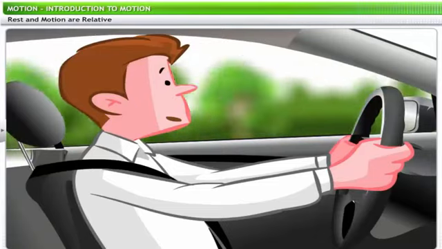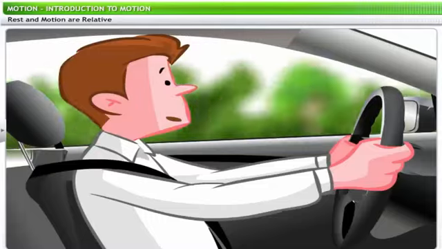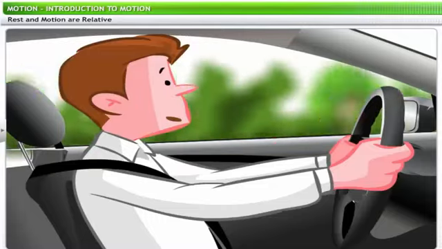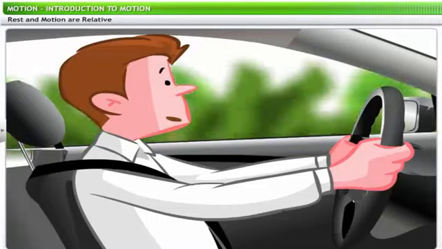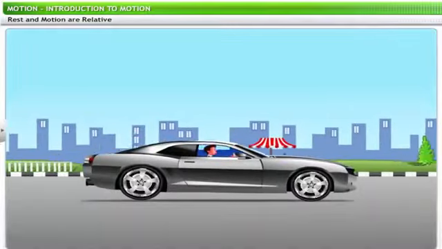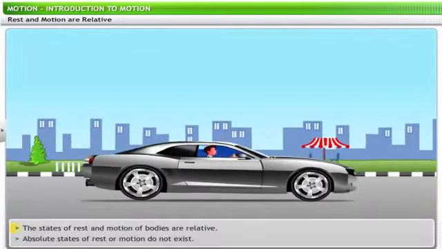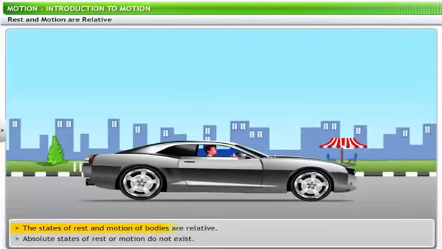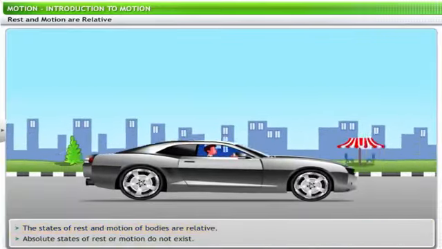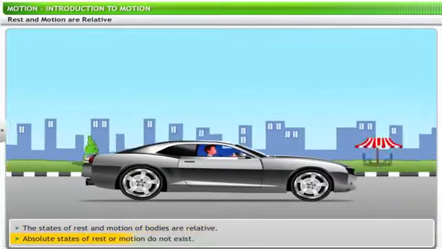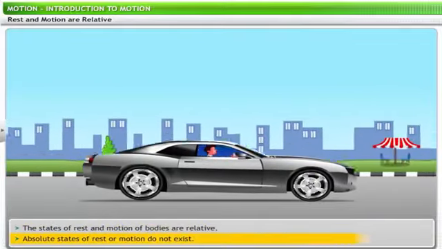It is difficult to answer this question. This is because, with respect to the car, the driver is at rest. But with respect to the other things around, he is in motion. Thus, the states of rest and motion of bodies are relative. Absolute states of rest or motion do not exist.